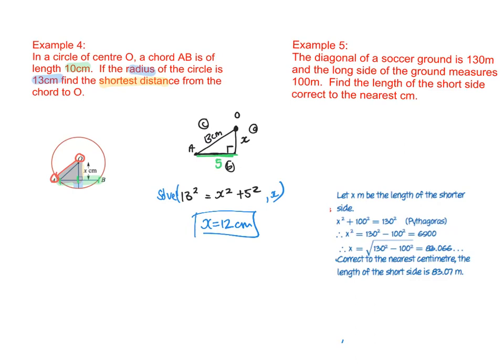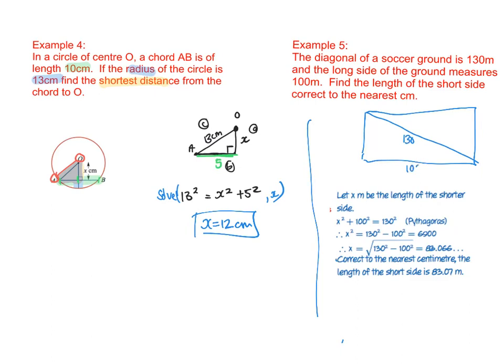All right, over here on this one, the diagonal of a soccer ground is 130. So just again, if you need to draw the diagram, so they're saying that is 130, and they said the long side of the ground measures 100, so that's 100, and then they said find the shorter side, so that means the x.